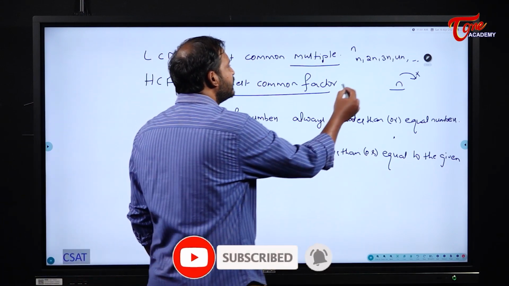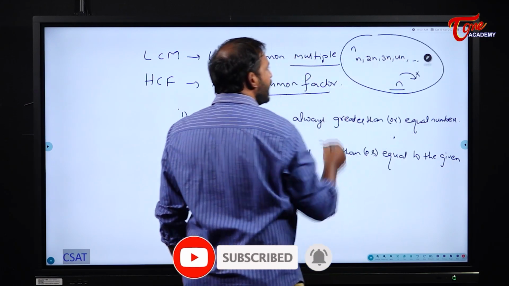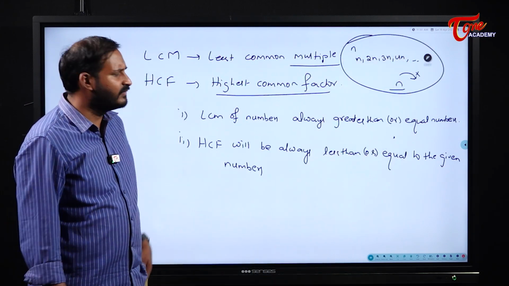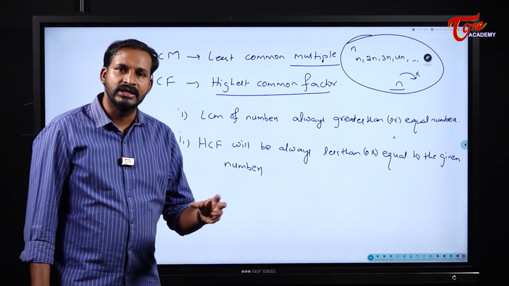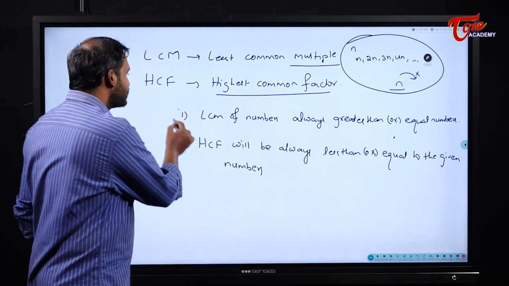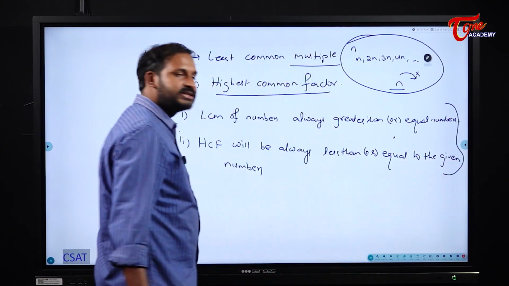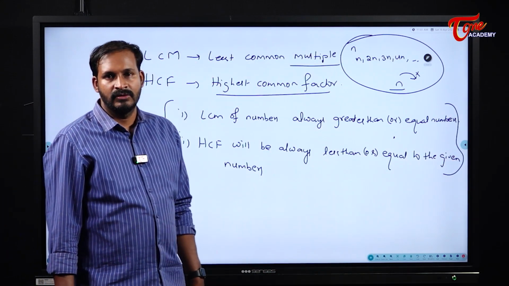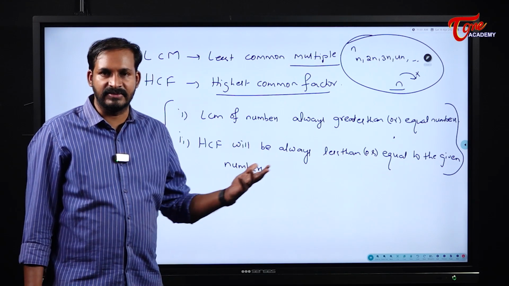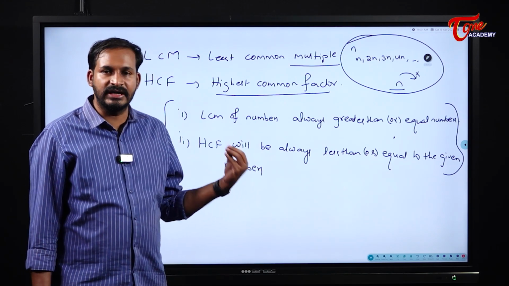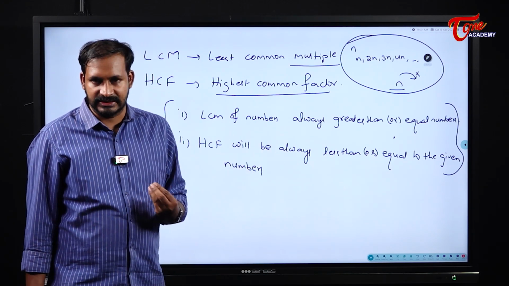In this manner, we are going to find the LCM and HCFs. I am discussing these two points because there is a chance of these statements being asked in statement based questions. They may give us some n, x and ask us, so we need to know these basic things.